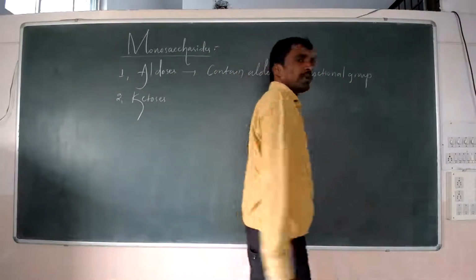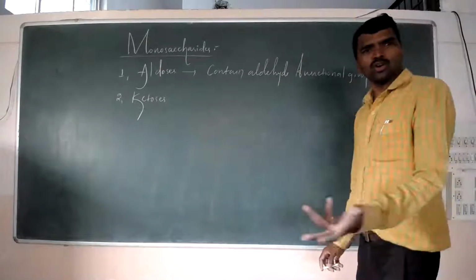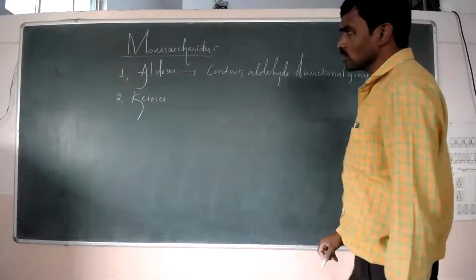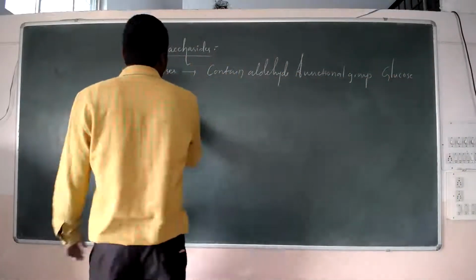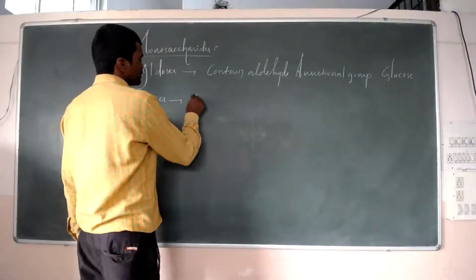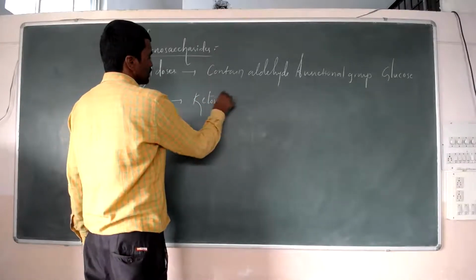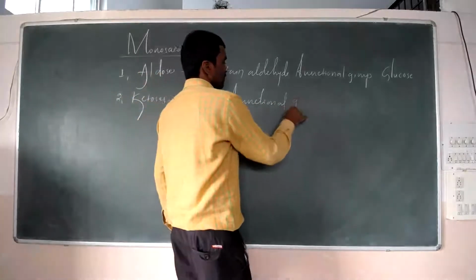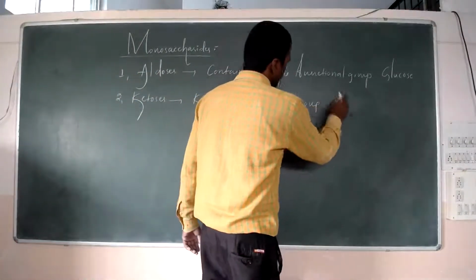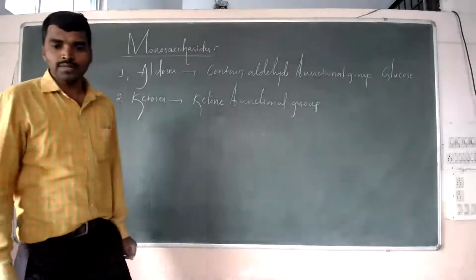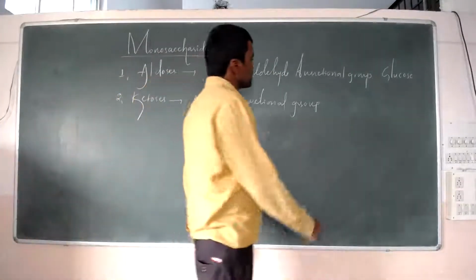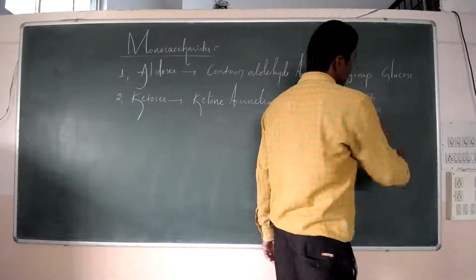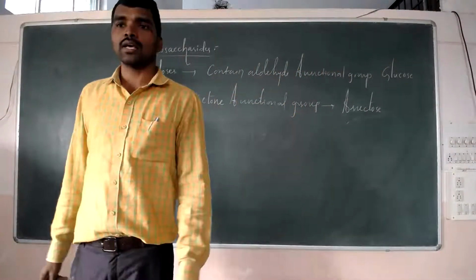The example is glucose. Ketoses contain the ketone functional group. The best example is fructose, which has a ketone functional group.